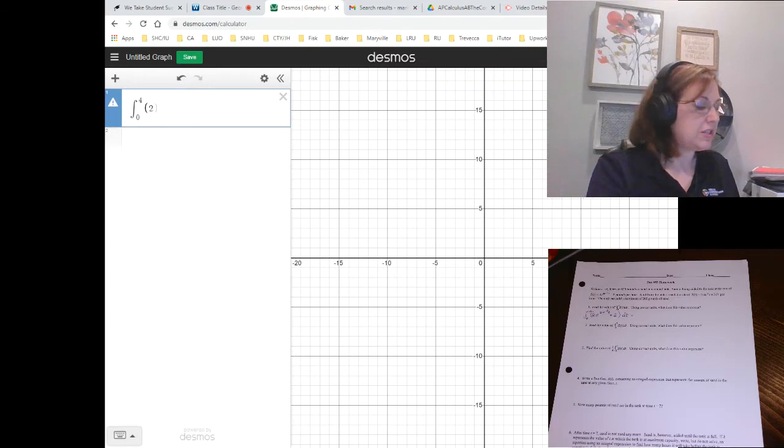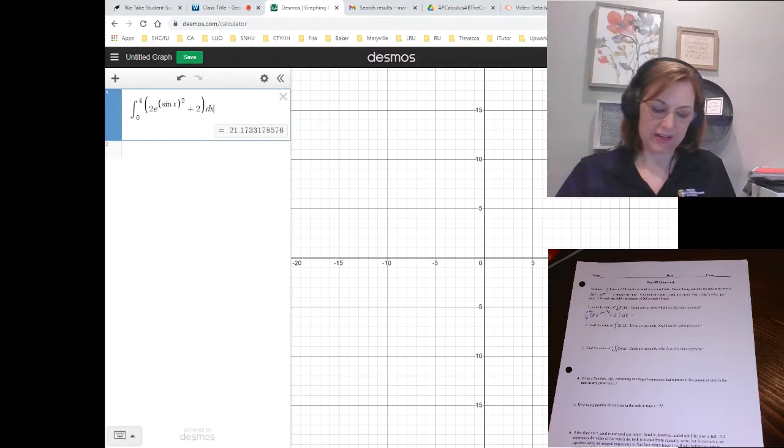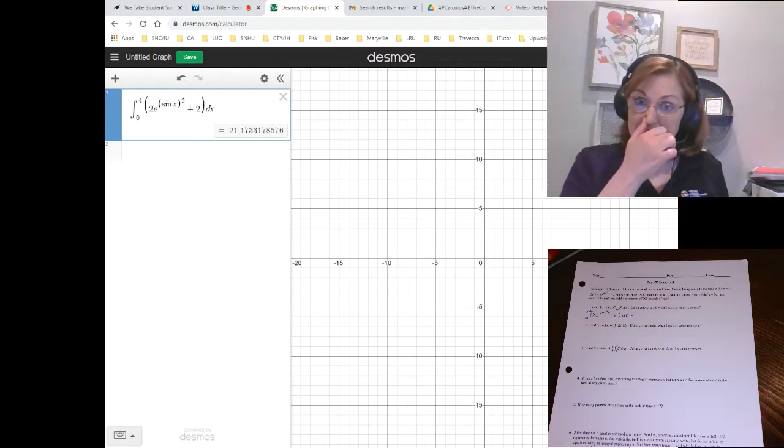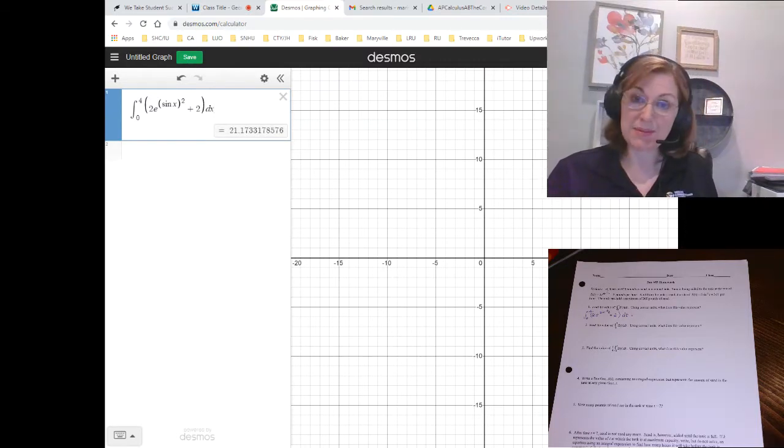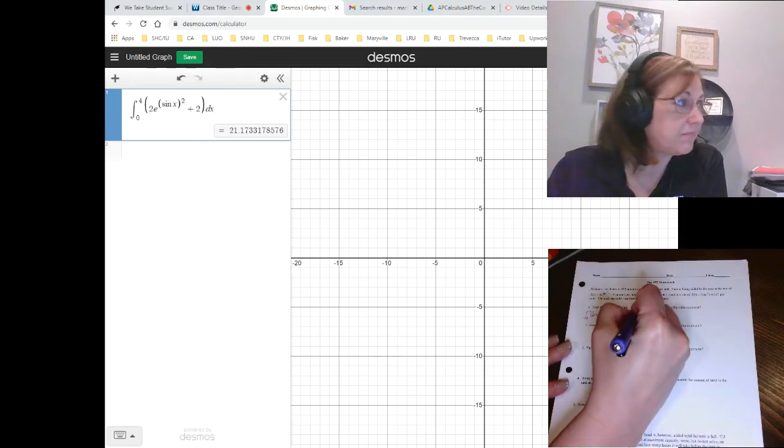You'll just need to use the second trace menu. Sorry, I had to think about what that menu was today. Oops, and we need a +2 in there. There we go. And by the way, just to get that integral in Desmos, I just typed INT. That's how I get that one.